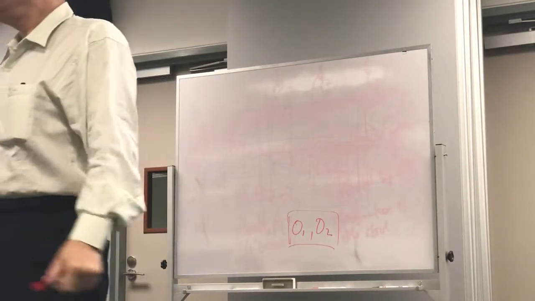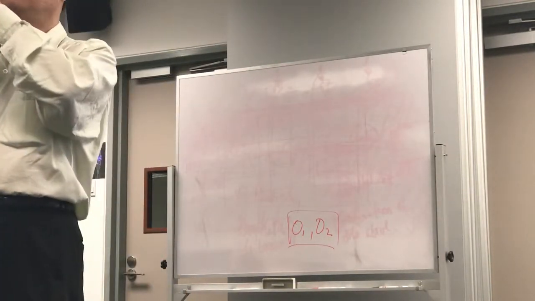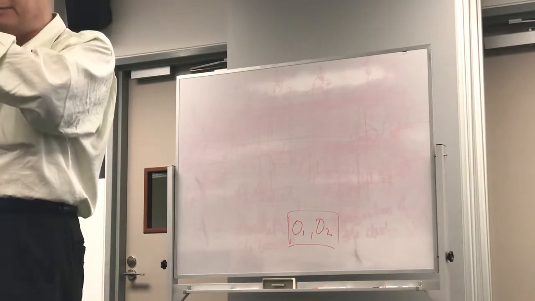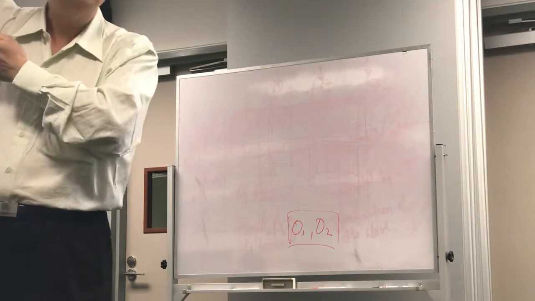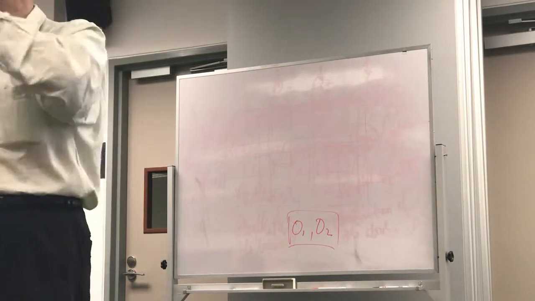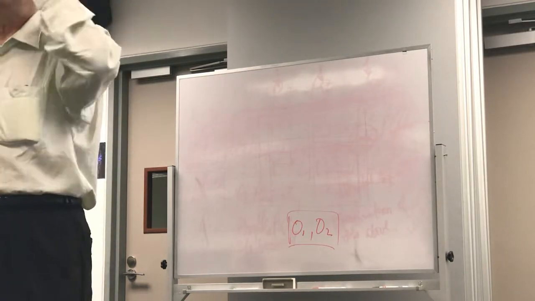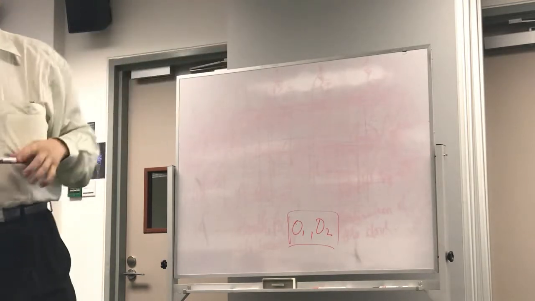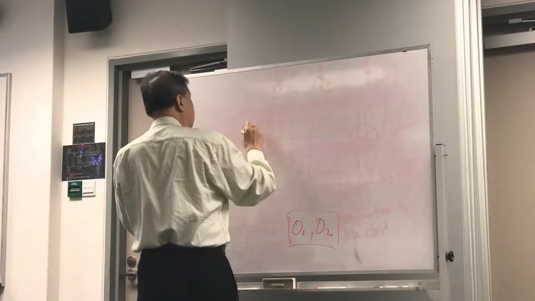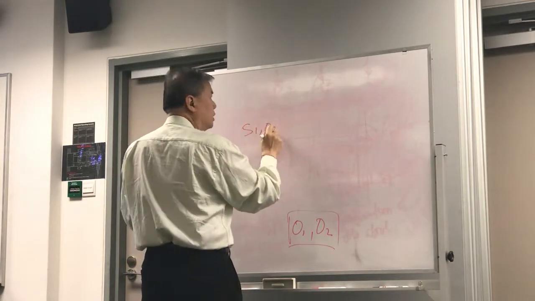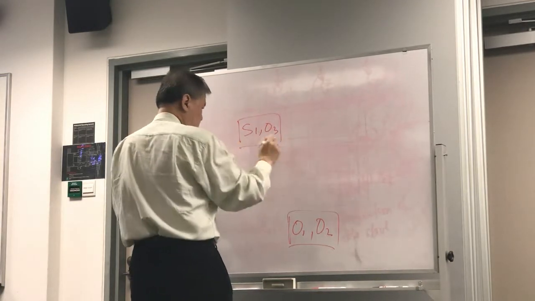Same level, because you can write at the same level or below, and you can read at the same level or above. So when you can read and write, the two of them have to be at the same level together. So we say S1 and O3 are together.